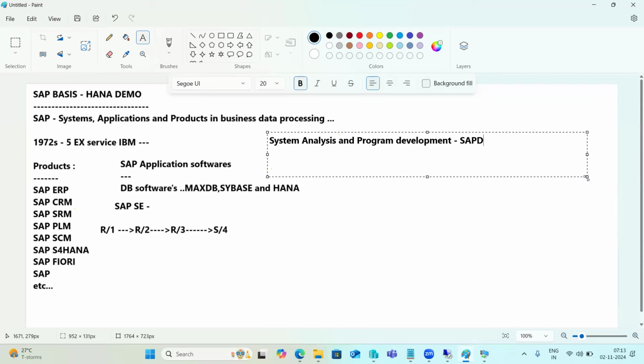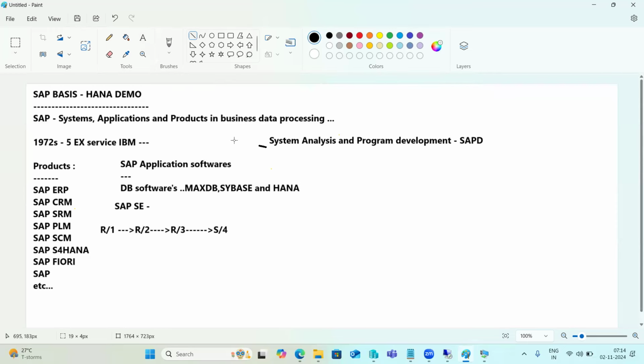I will explain those versions when we start the actual classes. Then they changed their architecture and renamed it Systems, Applications and Products in Data Processing. So they released this product here.